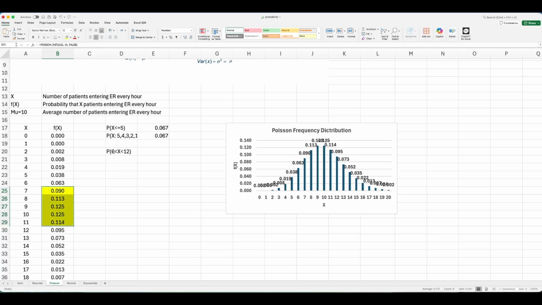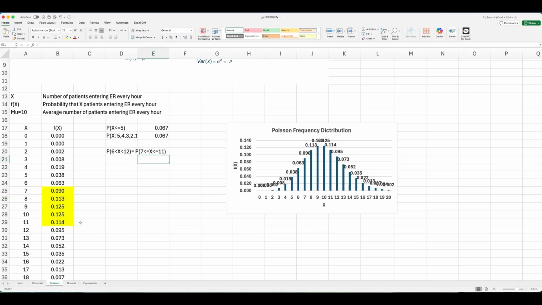So I can rewrite this as the probability of X being between 7 and 11.